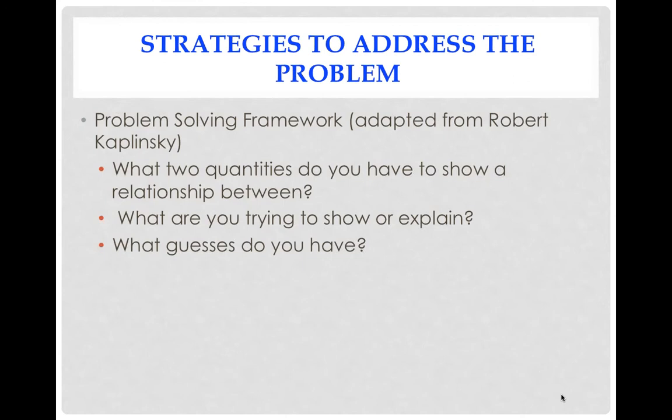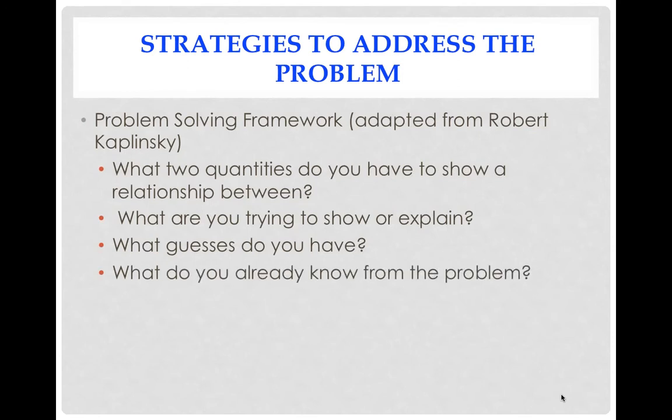Having the kids give this to you either verbally or written is good, but always have them write these things down. What guesses do you have? Just have them throw a guess out there to create that dialogue in your classroom, just to see where the kids' thoughts are as far as their understanding of what is being asked.